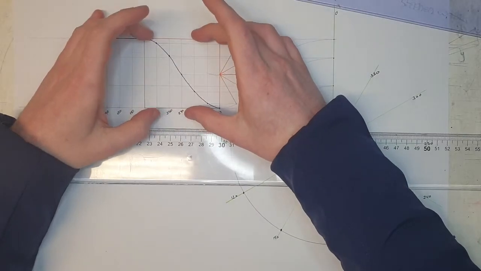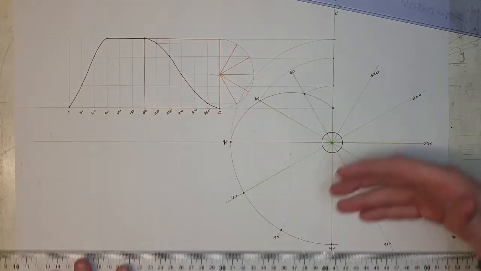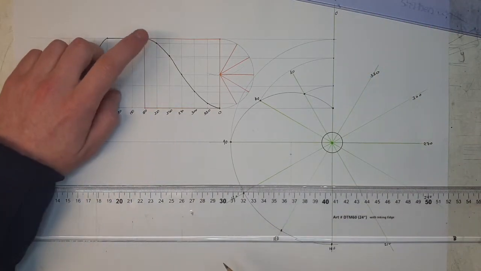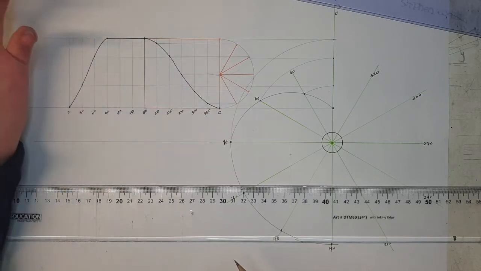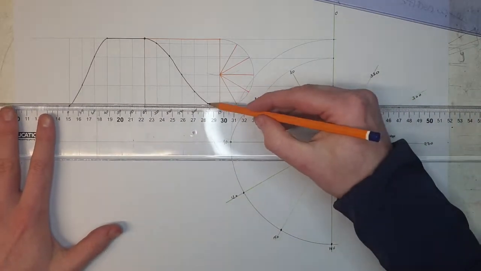Now we're going to do what we normally do by bringing it from here into our cam, so that allows us to finish this half of the cam profile. So basically, where it crosses the 210, 240, 270, 300 and 330 lines, we're going to bring them across onto this vertical center here.